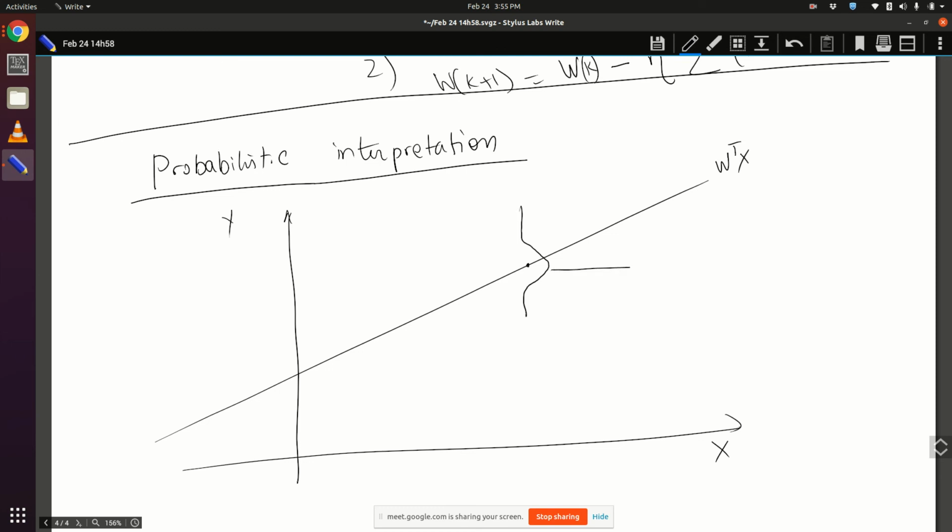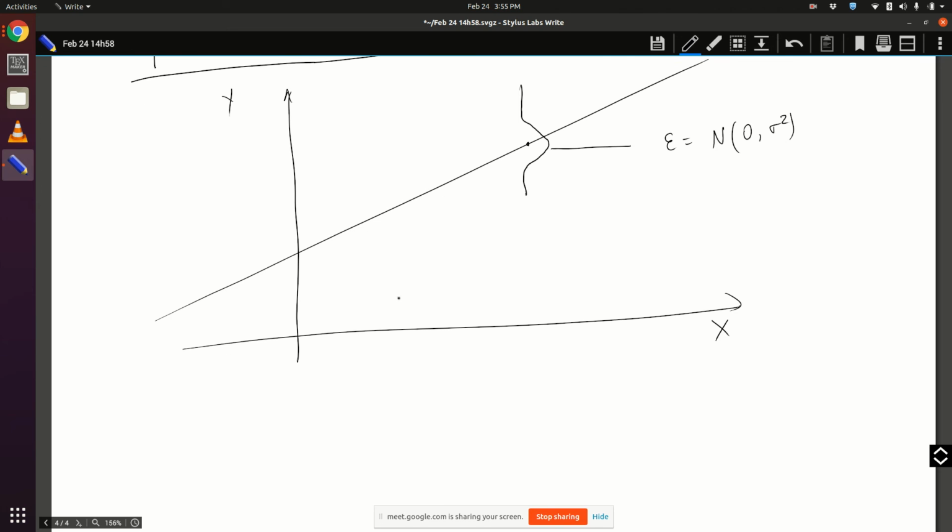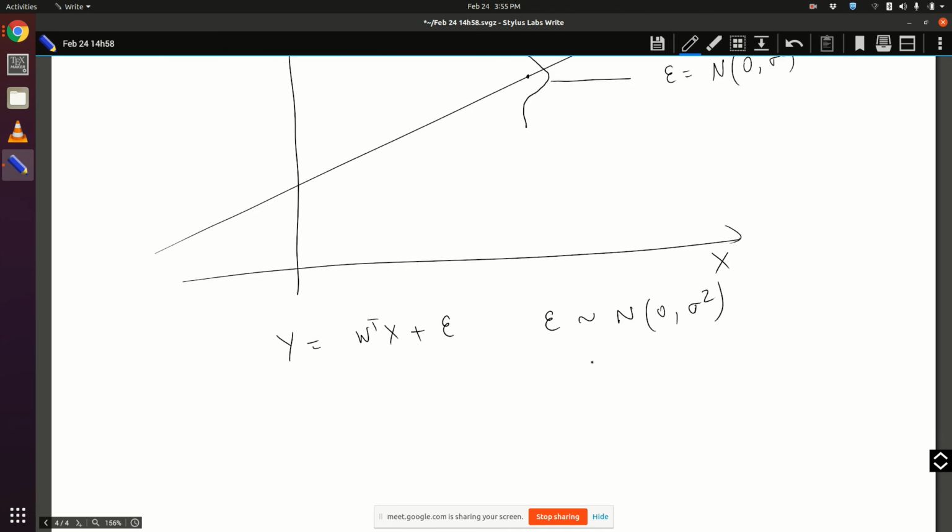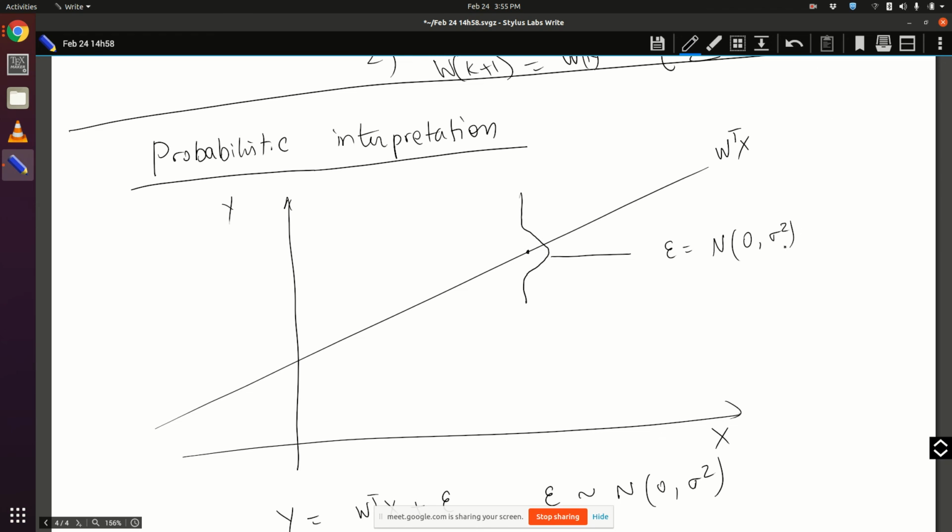We assume this noise epsilon is normal with mean 0 and variance sigma squared. So y is equal to W transpose x plus epsilon, where epsilon is normal with mean 0, variance sigma squared. Is sigma a random variable as well? Sigma is assumed to be known, rather, I will say it is assumed to be fixed. It's not a random variable.